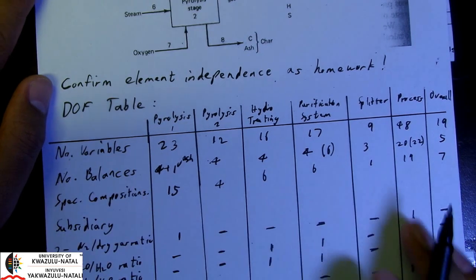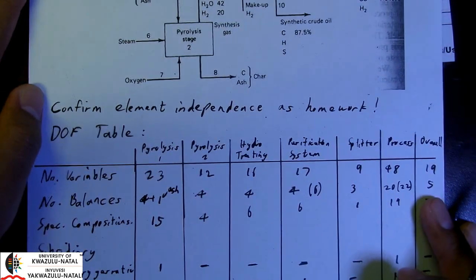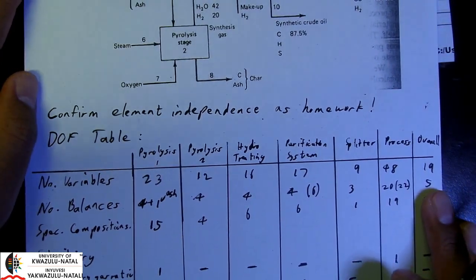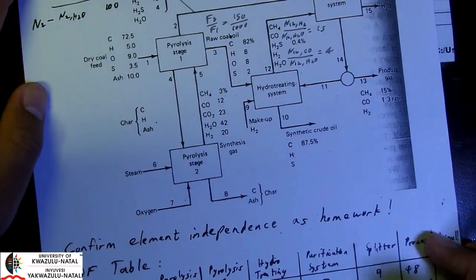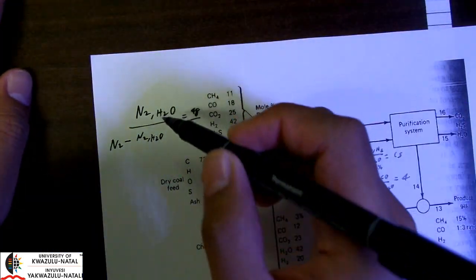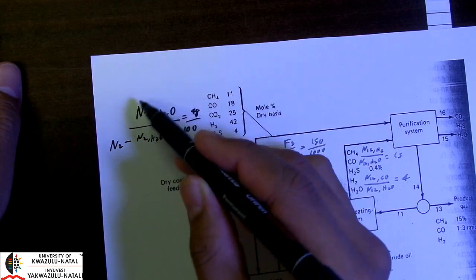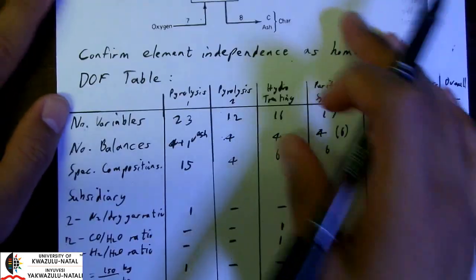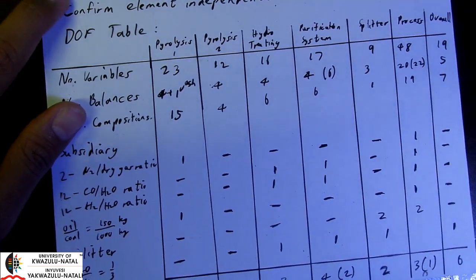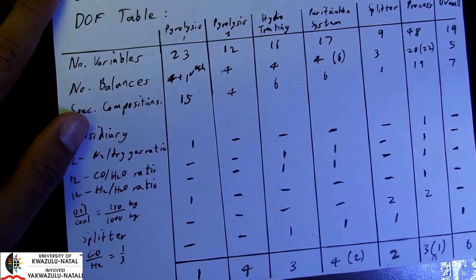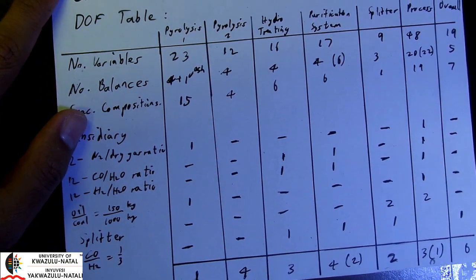And we have one subsidiary relation, our water to dry gas ratio, so we can include that. And that ultimately gives us a degree of freedom of 1.